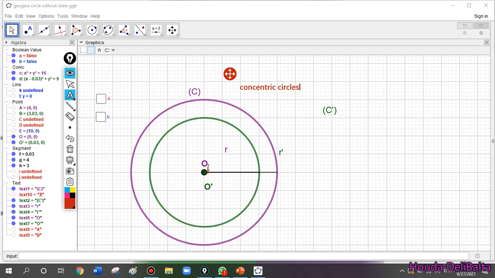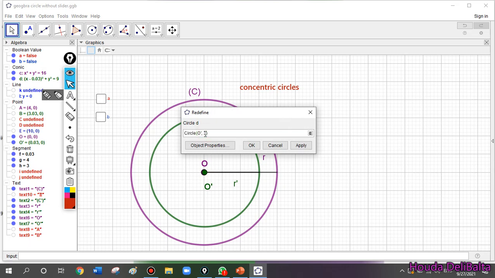They have the same center, but they don't have equal radii. Here is the smaller radius r prime, and here is the bigger radius r, and here is the circle c prime.